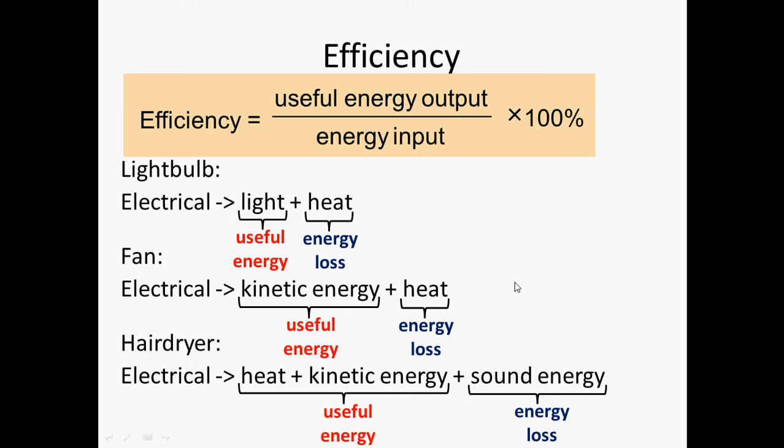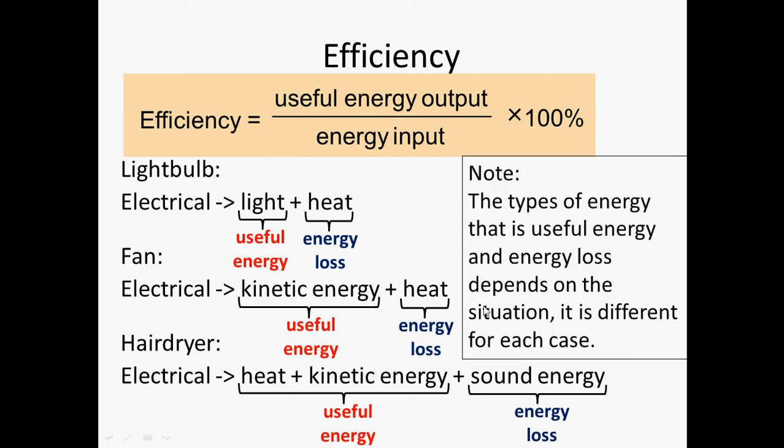Right? So if you look at these three examples, you realize that there is something that I also want to drive across, is that the types of energy that is useful energy and what are the types of energy that is energy loss depends on the situation. It is different for each case. That means that you cannot say that heat energy is always the unwanted energy.